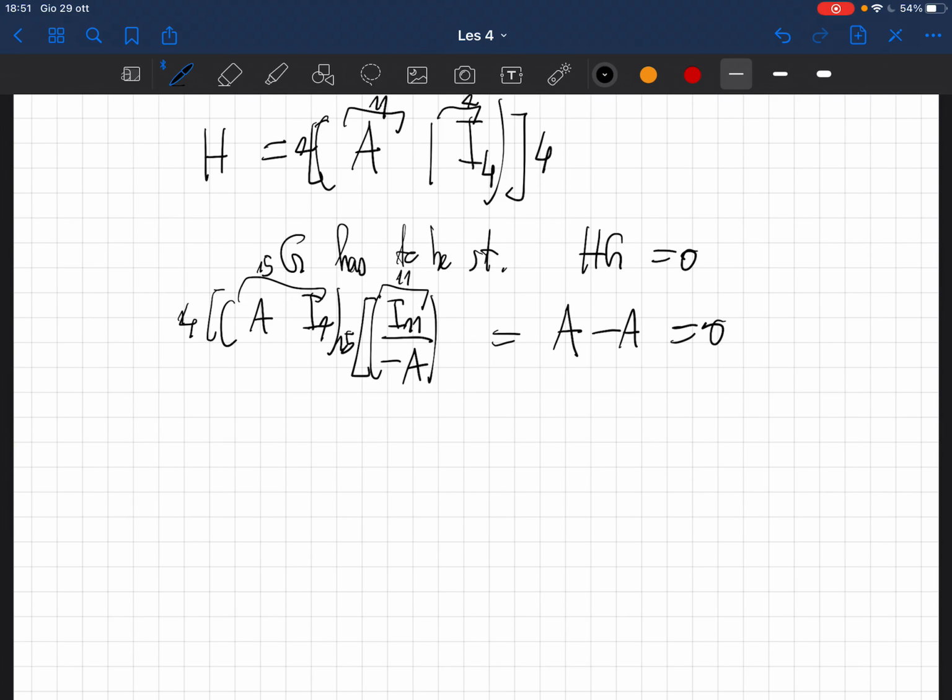Now, there is something else we have to say here. Namely, we are just having matrices with zeros and ones, and the rules of multiplication are such that 0 plus 0 is again 0, 1 plus 0 is 1, but 1 plus 1 becomes 0.